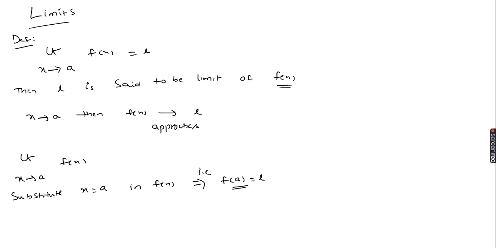So first we take some problems. The first one is the limit as x tends to 1 of x cubed plus 3x plus 2 by x square plus 5x plus 4.